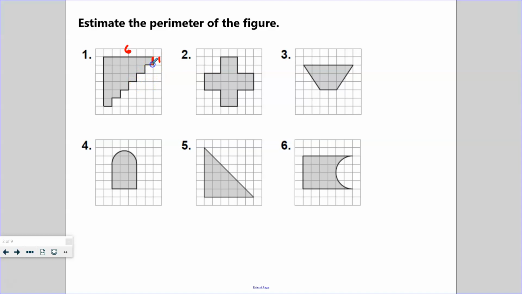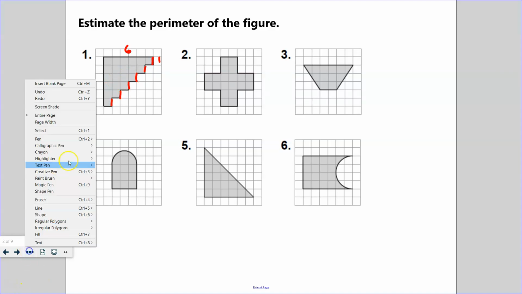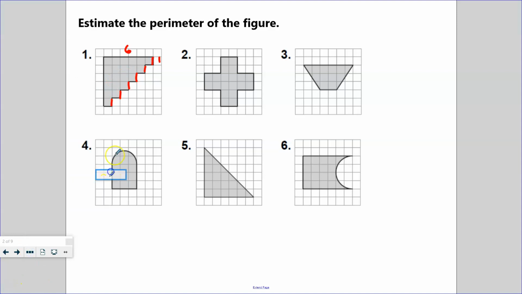Now that's 1, that's 1, that's 1, that's 1, that's 1, that's 1, right? But then we also have our other shapes, right? And so we have one right here, one right here, one right here, one right here, one right here, and one right here, right? And so we have 1, 2, 3, 4, 5, 6 in the red, and then we have 1, 2, 3, 4, 5, 6 in the yellow, right?